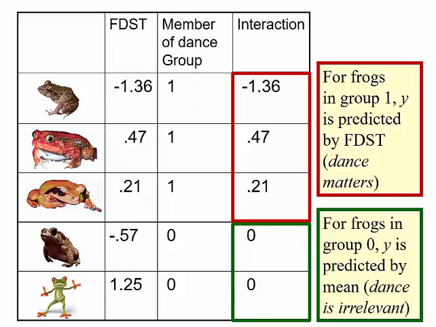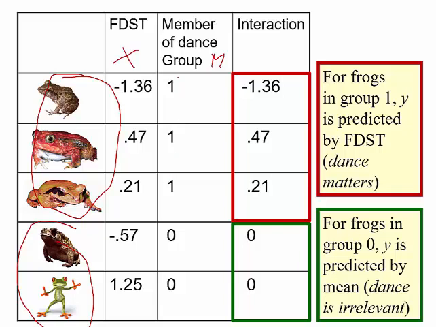Now we got that second variable. Recall, by the way, this first one, the Froggy Dancing Skills test, that's variable X. And then the member of dance group, that's variable M. That's our moderator. And it's scored either ones or zeros. So these first 3 frogs are all members of the dancing culture group. And these last 2 frogs are not members of that group. They're members of the non-dancing culture.